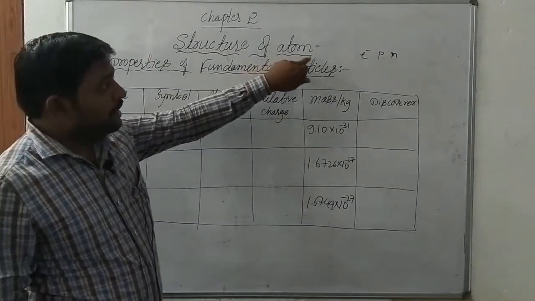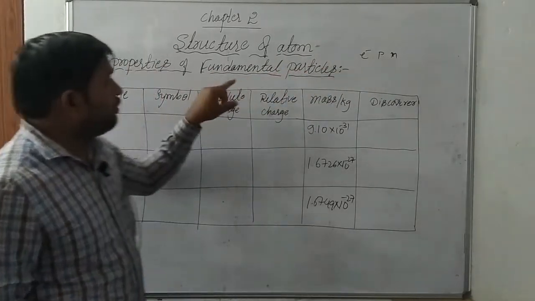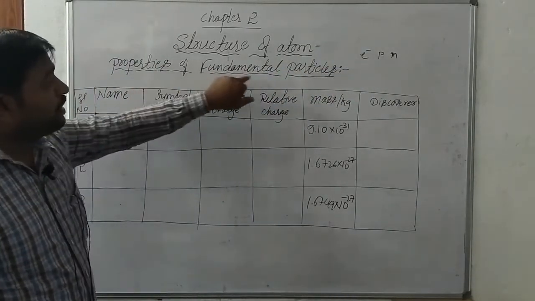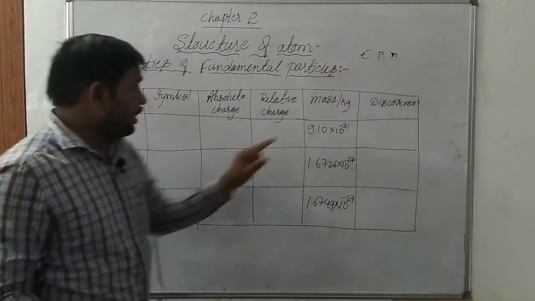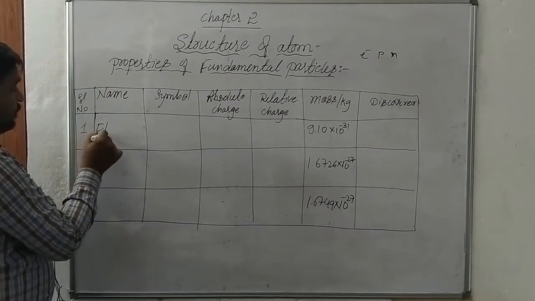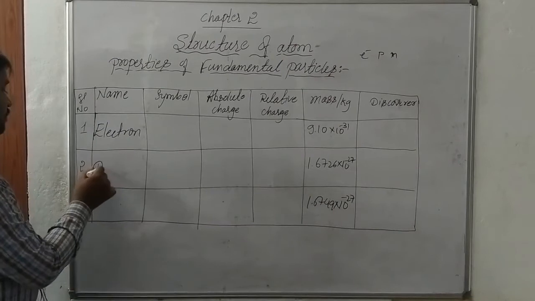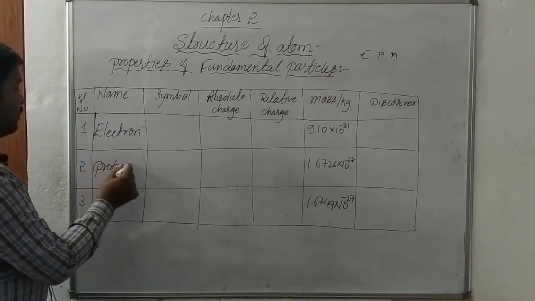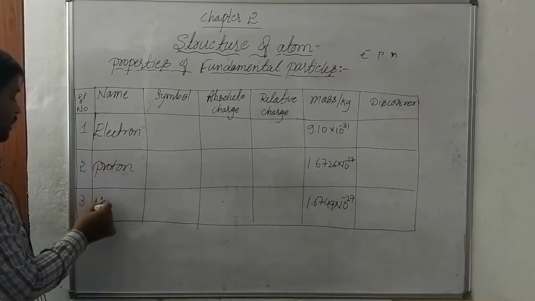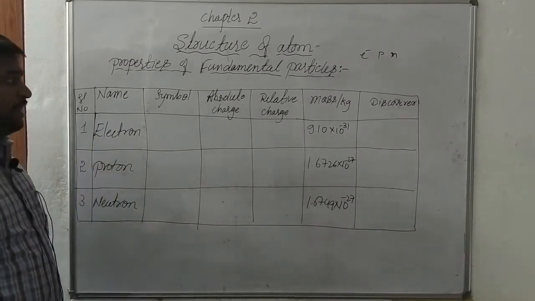So let us consider the name of the fundamental particle: first is the electron, second is the proton, and third is the neutron. These are the fundamental particles of an atom.